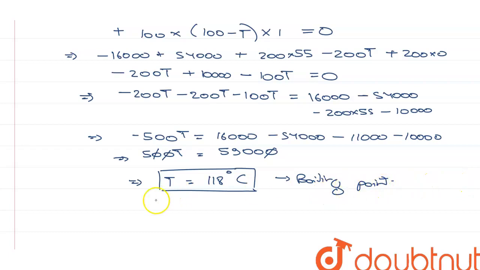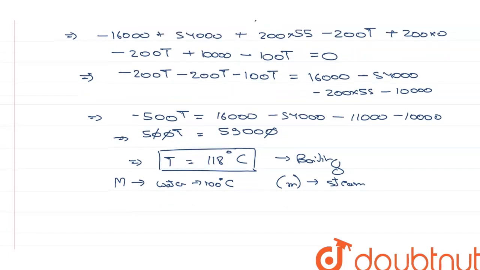This means that up to a certain point out of the mixture, some mass capital M will turn into water at 100 degrees Celsius, but some other mass, let's say small m, will turn into steam. Since we had started with steam as an initial product, some of the steam will remain steam and will not convert into water.